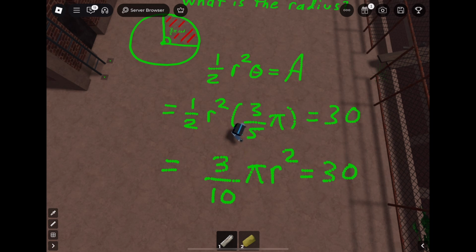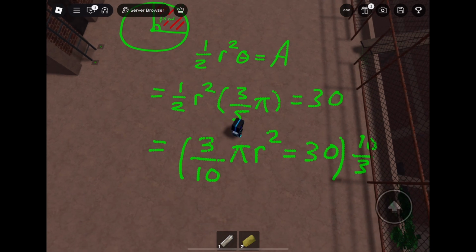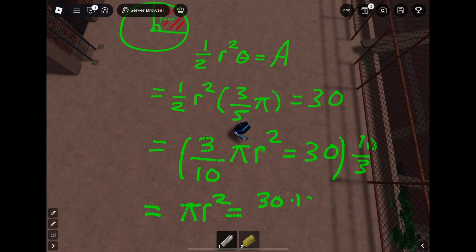Then just multiply by the reciprocal of the fraction on both sides to eliminate the fraction. So multiply by 10/3. And then you'll be left with pi r squared is equal to 30 times 10/3, or that's just 300/3, which is just 100.